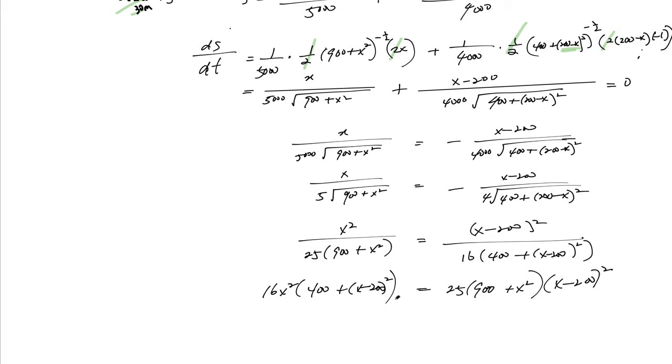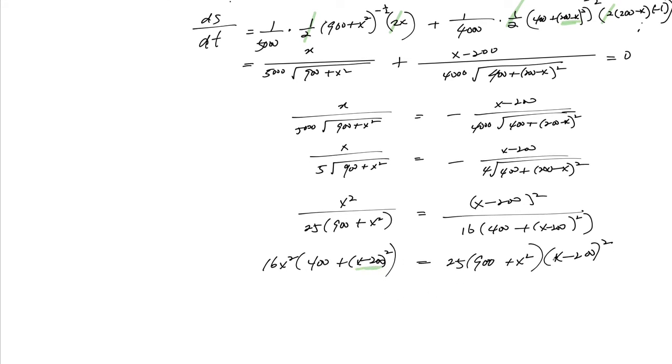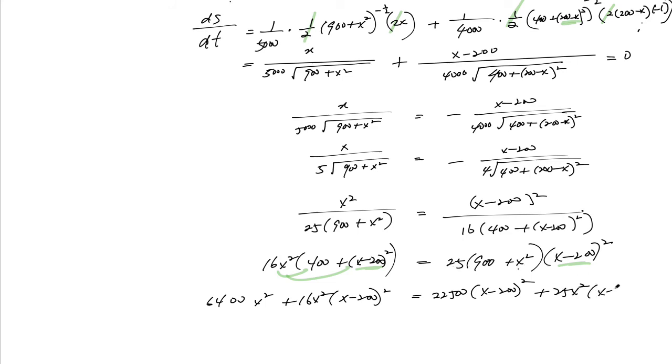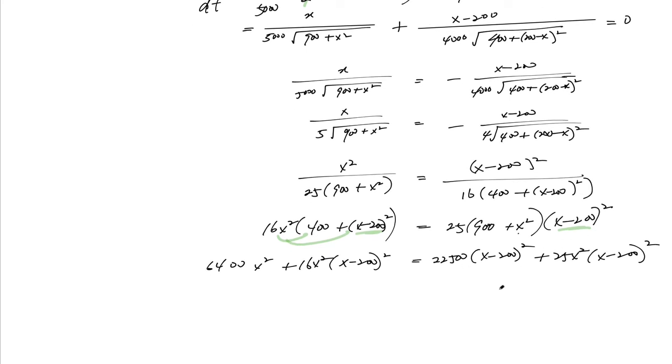Okay. I'm not going to expand it because I see something same here. Maybe I just ignore the expansion of that and just expand that. So 16 times 4 is 64. If I multiply these two with that, I get this. And then this with this is 25x squared times that.